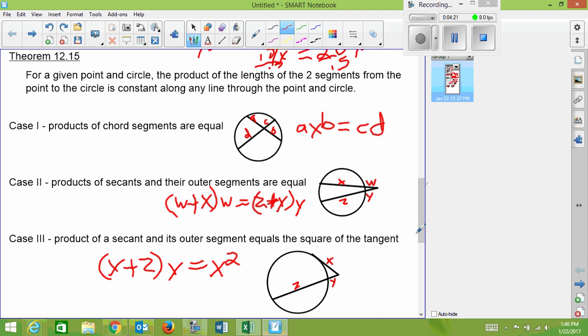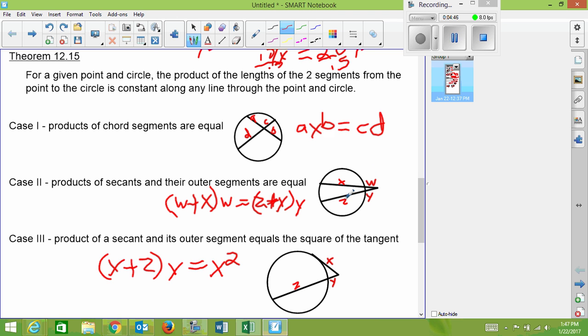Case 2 says that the products of secants and their outer segments are equal. So for that top secant, I have to add the w and the x together, and then take it times the w. So the whole secant is w plus x, and I have to take that times the outer segment, which is w.